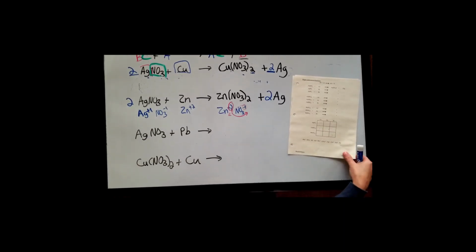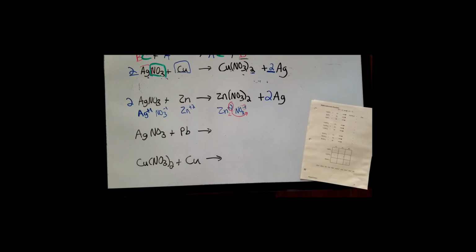Let's move on. So the next one, we're taking silver nitrate once again, and this time adding lead. So the first step, write down the atoms or polyatomics with the charges so that when we switch them, we'll know how to come up with the correct chemical formula.